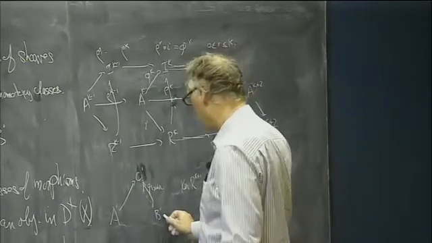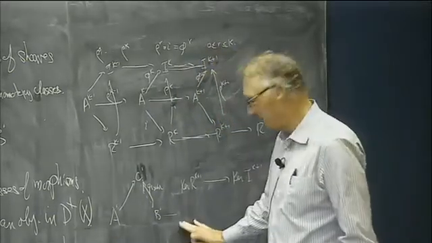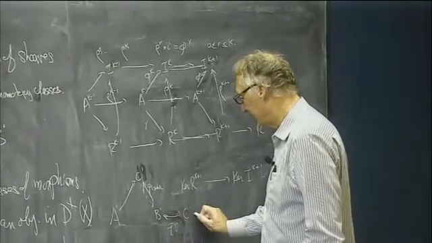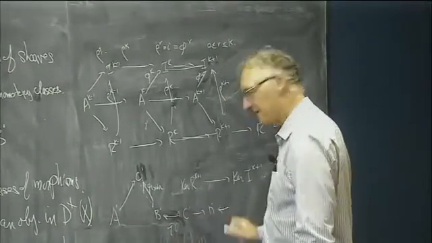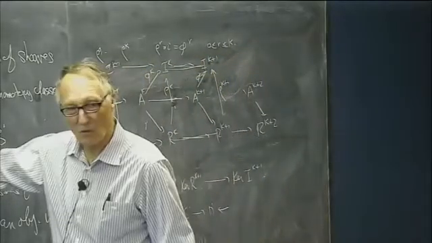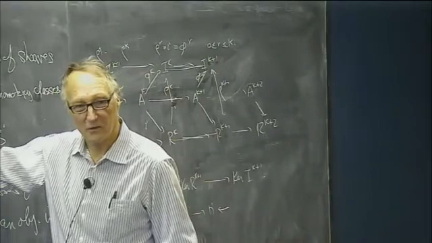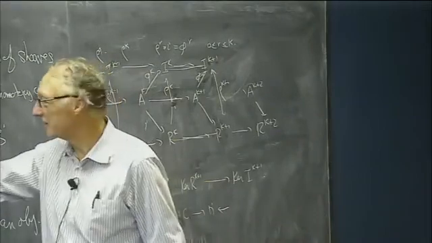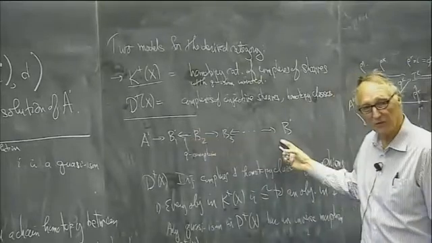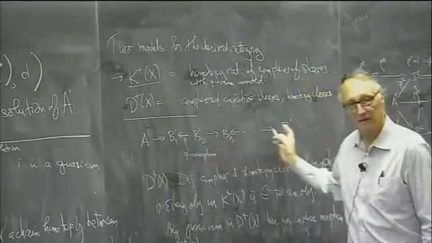Then I could go from B over to some C. I could have another quasi-isomorphism this way to C and then to D. So any sequence like this, as long as the arrows that go the wrong way are quasi-isomorphisms, is a sequence of morphisms going the right way, which I can then compose to make a morphism from here to here.